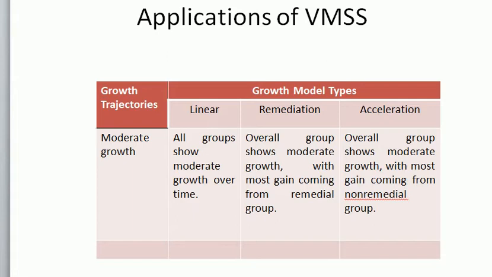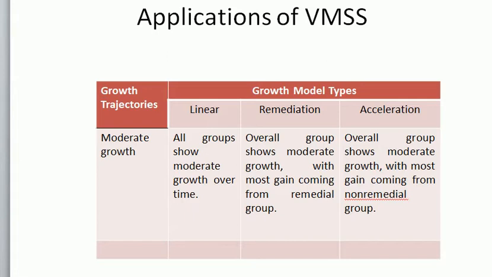So another growth trajectory, moderate growth. Linear: all groups show moderate growth over time. Remediation: overall groups show moderate growth with most gain coming from remedial groups.